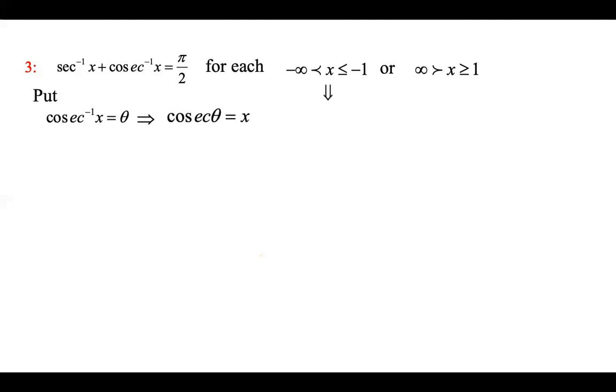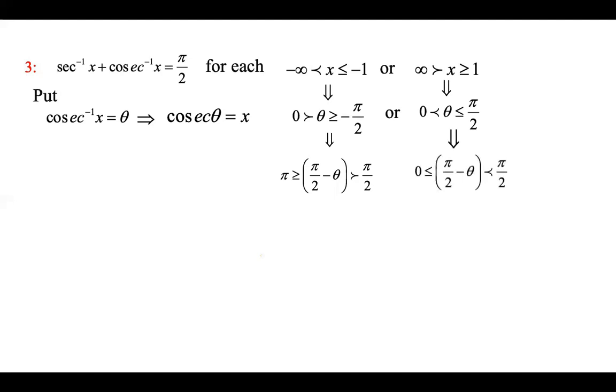Once x is in the interval minus infinity to minus 1, theta is in the interval minus pi by 2 to 0. And once x is in the interval 1 to infinity, theta is from 0 to pi by 2. From this, pi by 2 minus theta falls between pi and pi by 2, and here also between pi by 2 and pi.